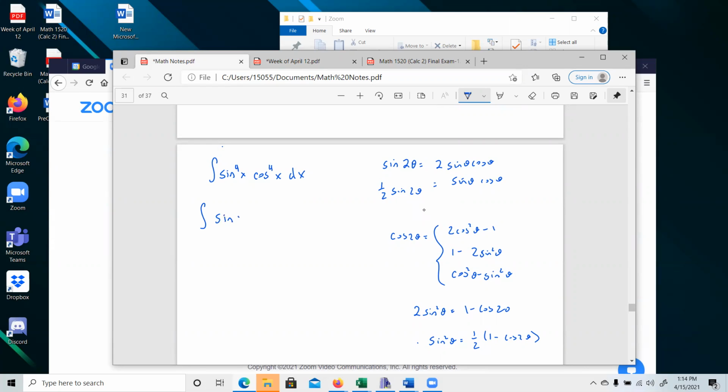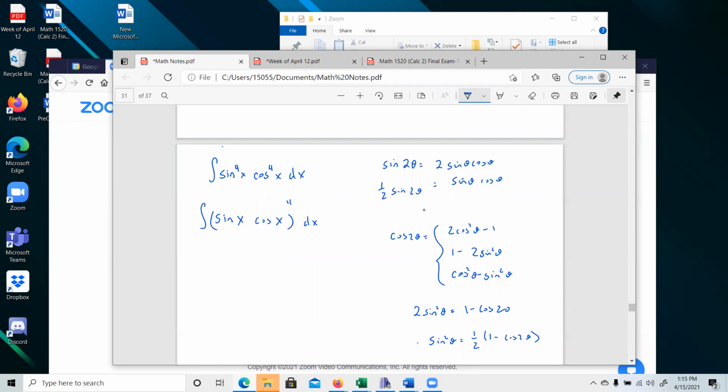So this is going to be sine x times cosine x raised to the 4th power dx. I'll note that there are probably other ways of doing this, like taking your sine squared and turning it into a cosine. There are other ways, but this is the way I saw it, so that's how we're going to go.